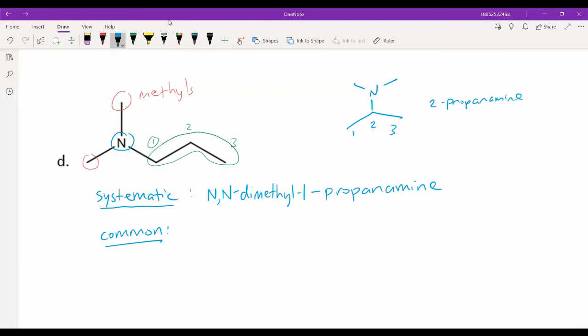So we have 2 methyls and a propyl, and we just go in alphabetical order. So dimethyl first, and then propyl, and then amine. So think about the ether, how this is similar. Something something ether, something something amine. Okay, so hope that makes sense.